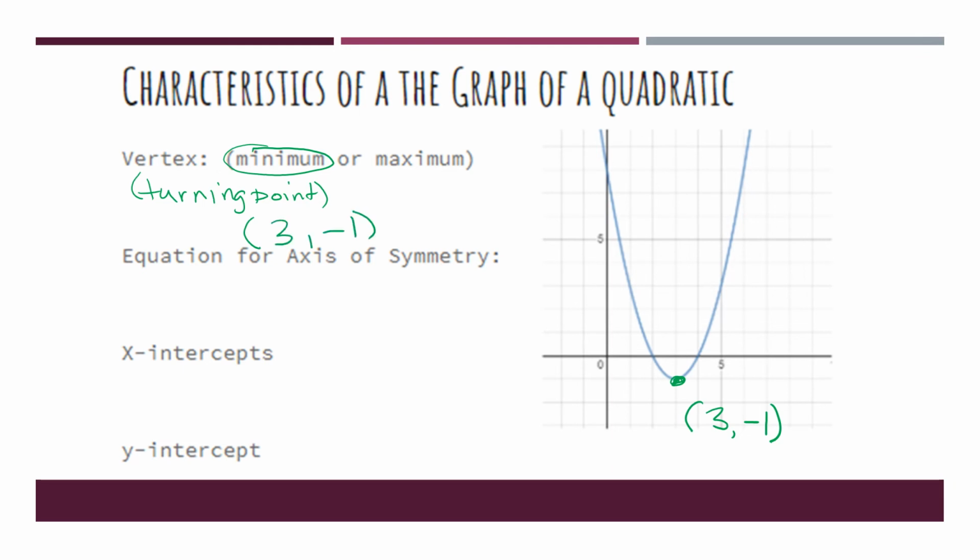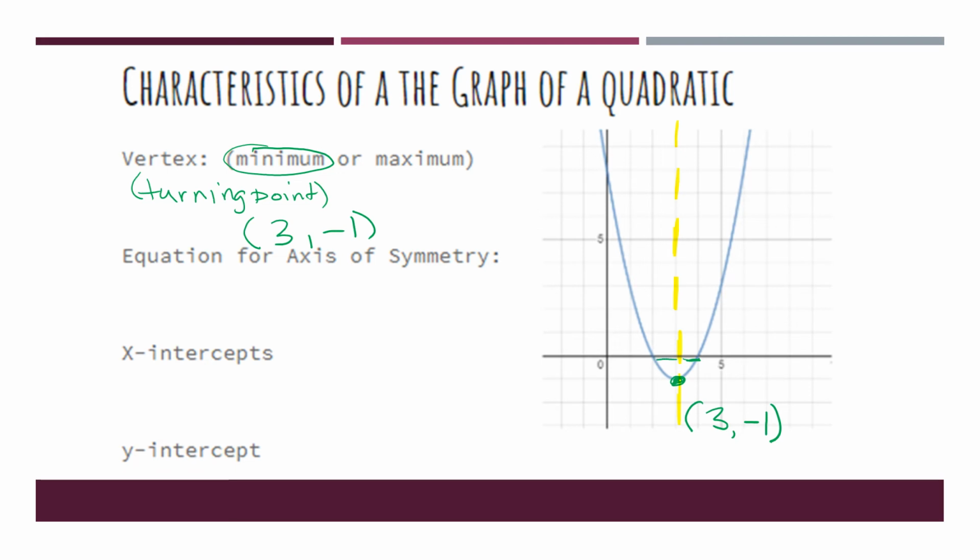And it's going to be an important point, because what I want you to see is that when you draw a vertical line through this point, it folds in half and the points are reflecting over it. So if I go here to here, I've got 1 unit, here to here is 1.